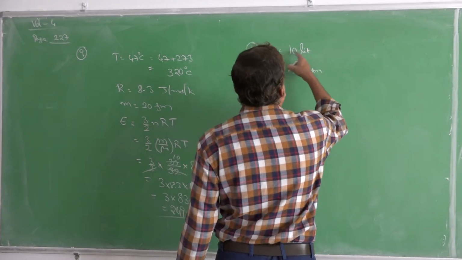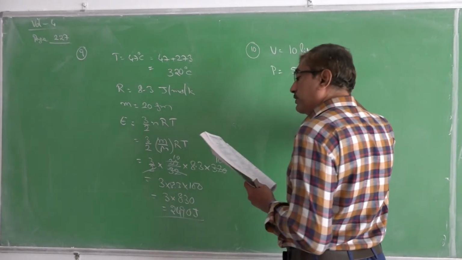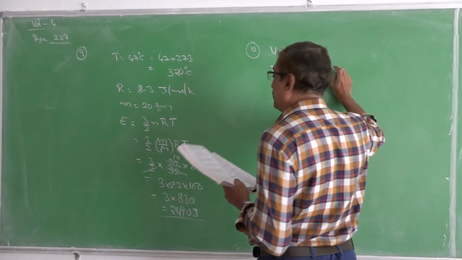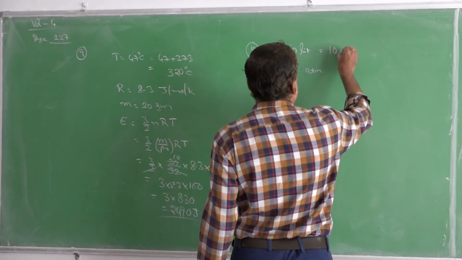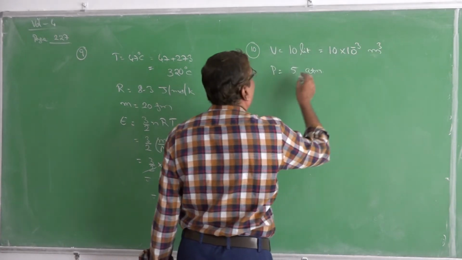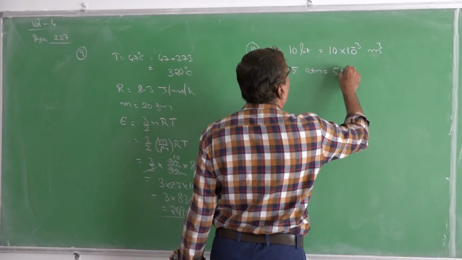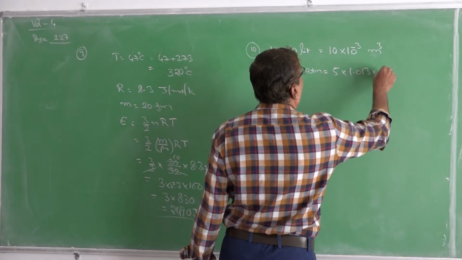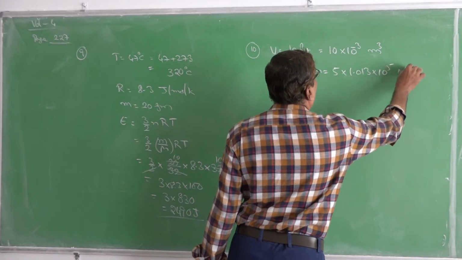So, convert liters into meter cube: 10 into 10 power minus 3 meter cube. And 5 atmosphere is 5 into 1.013 into 10 power 5 Newton per meter square.